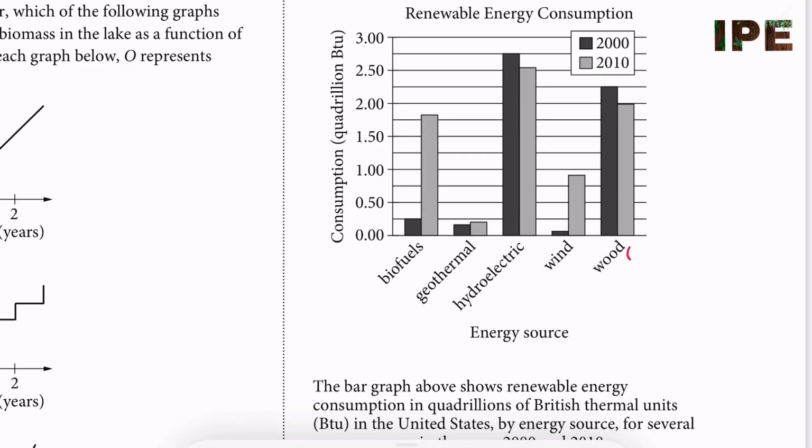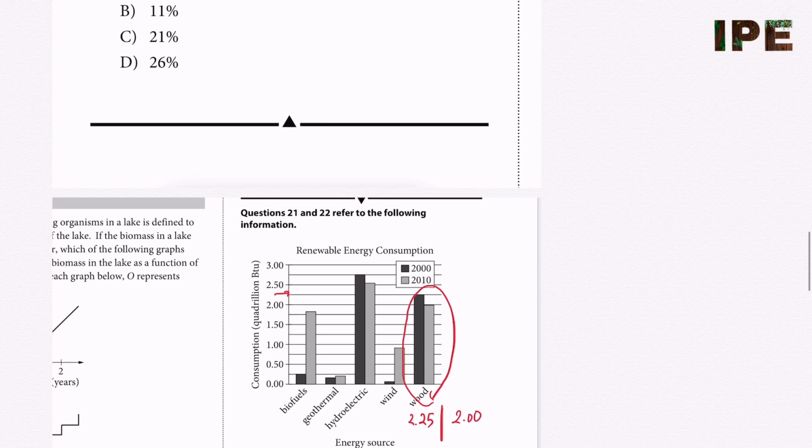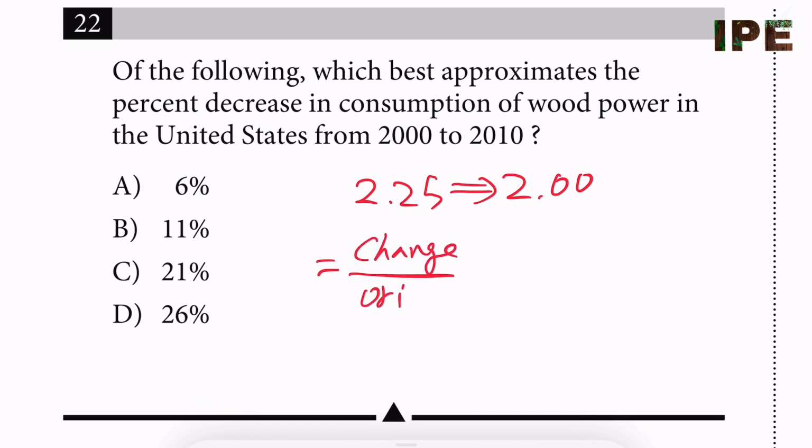So we talked about wood power. In 2000 it was 2.25. What about 2010? It was 2.00. It is about percent decrease, right? It's 2.25 to 2.00. What is the percent decrease? I'll just give you the formula for how to find percent decrease or percent increase: change over original, the value before changing, times 100.